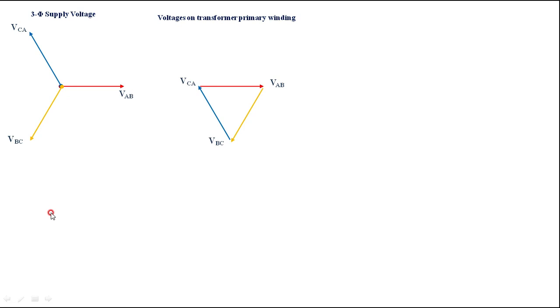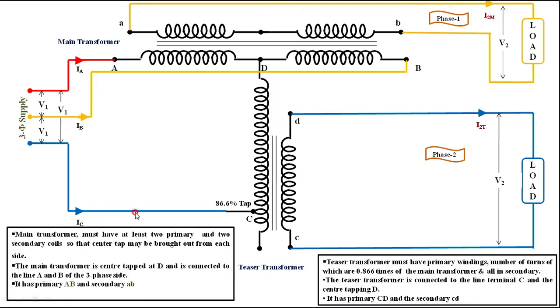The same vector diagram I am reproducing here, that is the voltage across the primary winding of the main transformer. We are looking into the transformer here. There is a voltage AD between the primary winding of the main transformer and also BD.